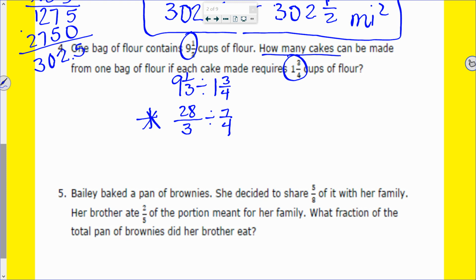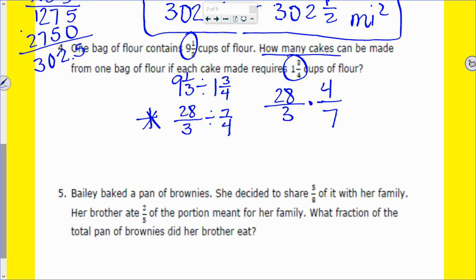You need to understand that you need to rewrite your problem as division first before you go through and then you multiply by the inverse or the reciprocal. Okay? So then it becomes 28/3 times 4/7. You guys are trying to skip this step right here and jump straight to multiplication. And because you're doing that, you're making really silly mistakes.